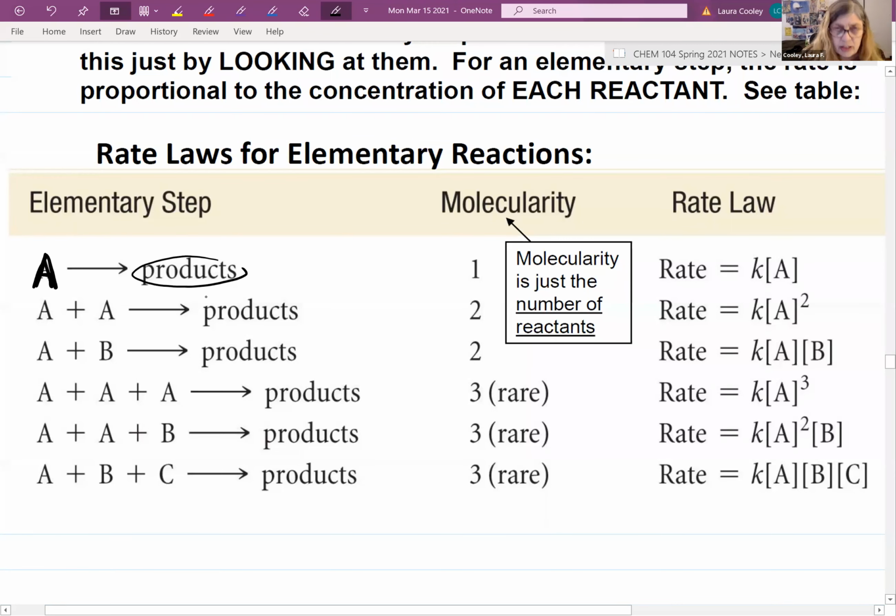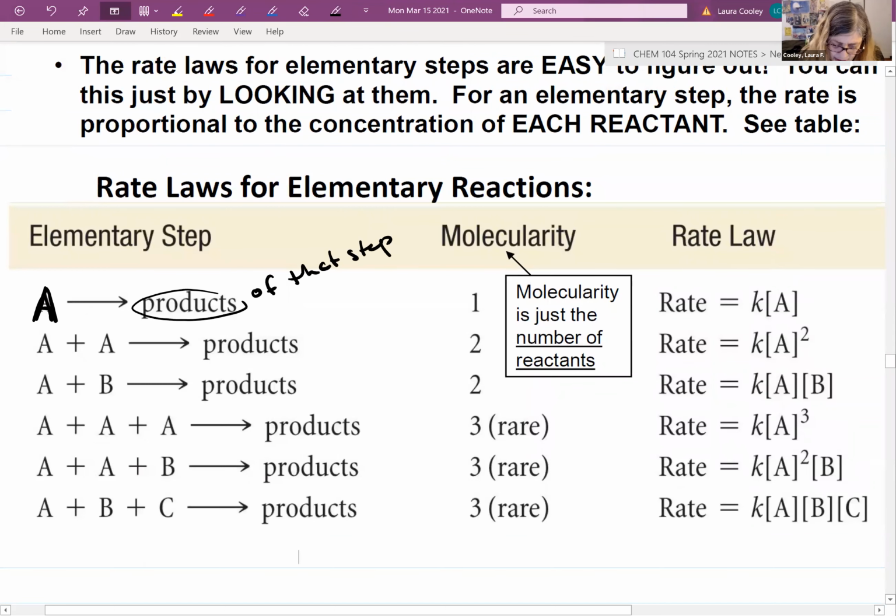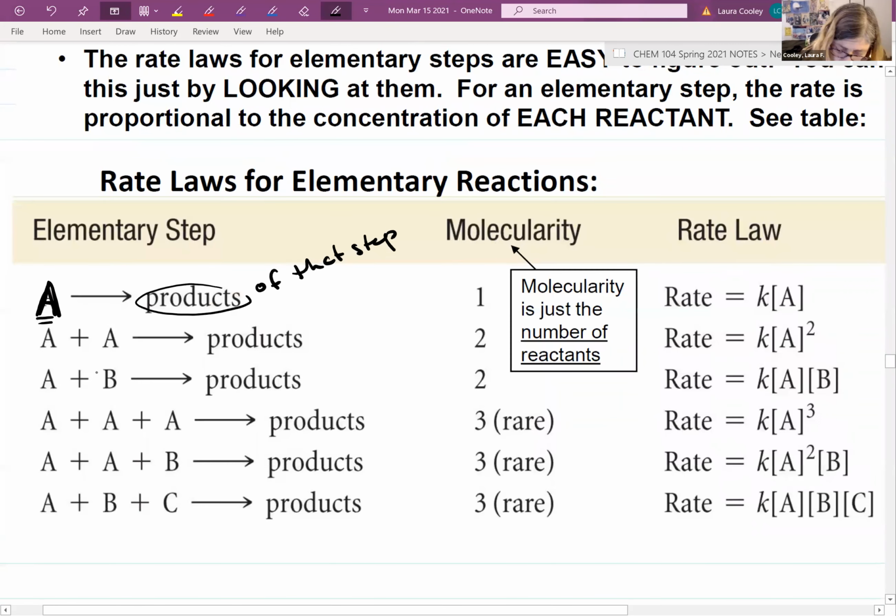So this isn't the products of the reaction, it's the products of that step. These are all elementary steps. Maybe I was a little confusing with what I was saying. But if it only involves one molecule, by the way, we say the molecularity is 1.